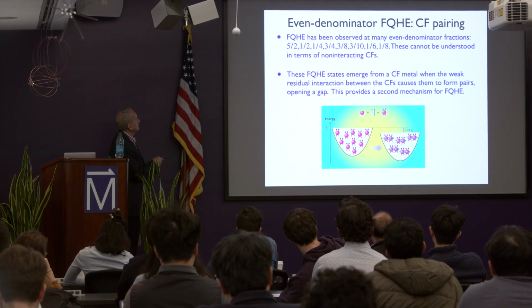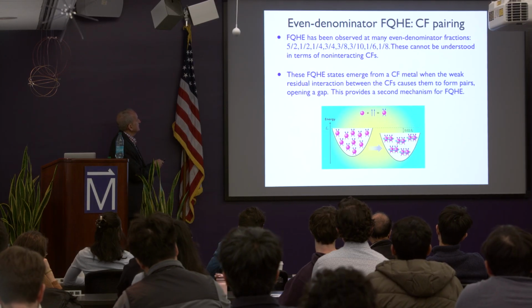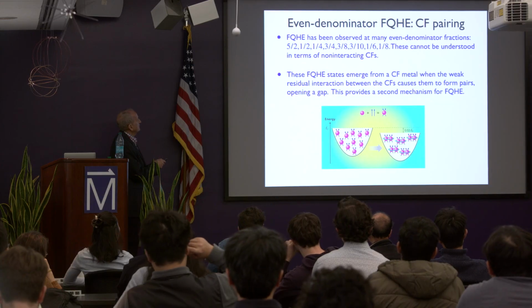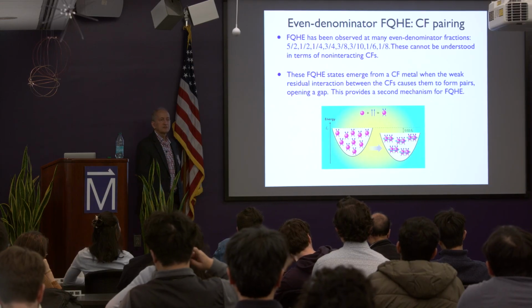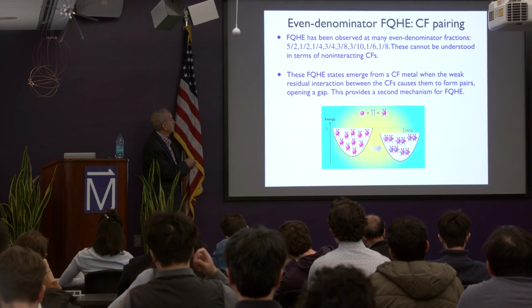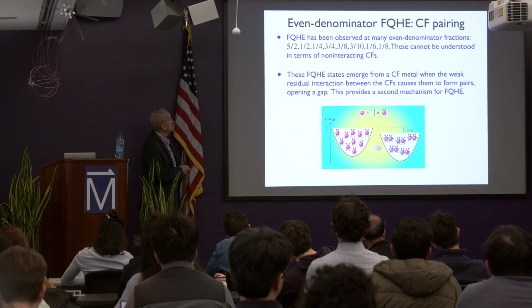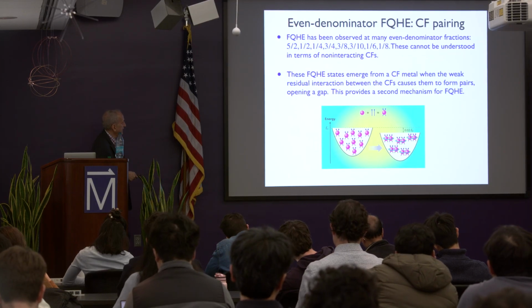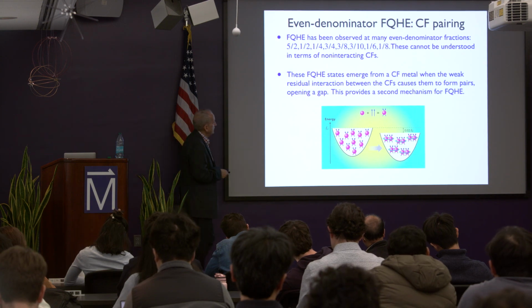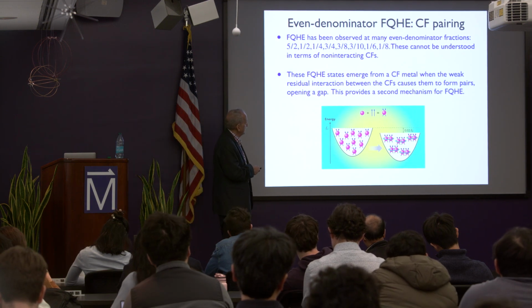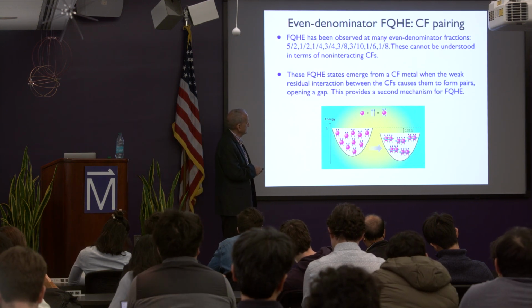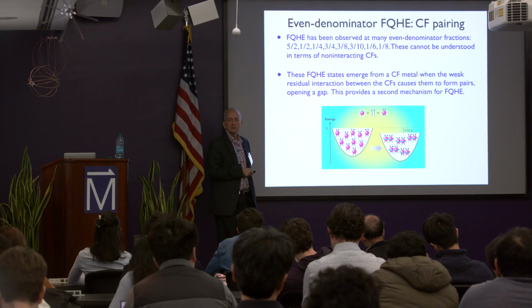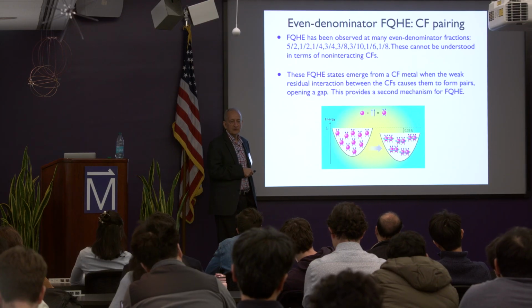It started with 5/2 a long time ago, but now 1/2, 1/4, etc. have been seen in wide quantum wells. So there is evidence for many even denominator fractions. And the picture is that here, for some reason, there is pairing which opens a gap.